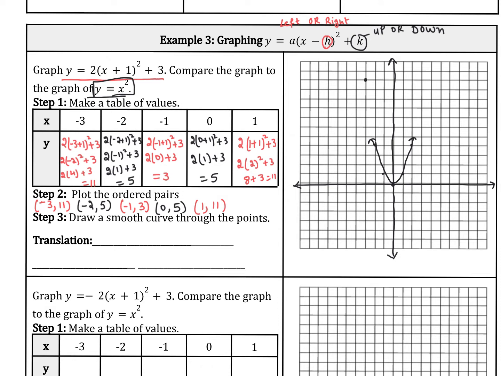So this is my point, that is -3 comma 11. -2 comma 5, so it's going to be 1, 2, 3, 4, 5, this point. -1 comma 3, and 0, 5, and 1, 11. If I join these points, I get the graph.